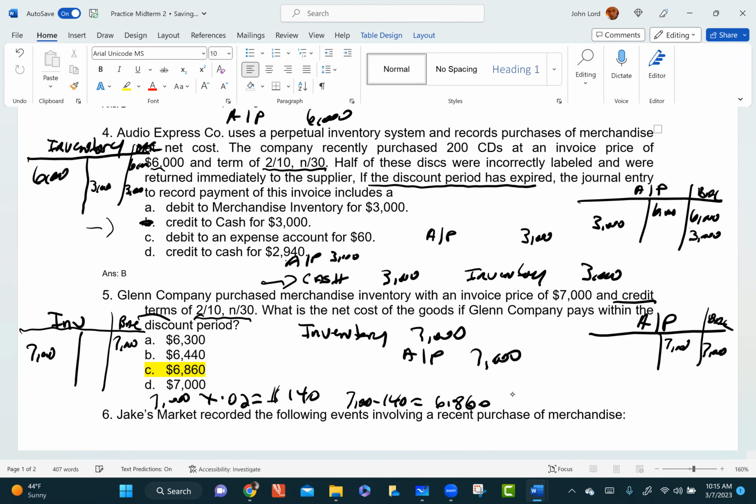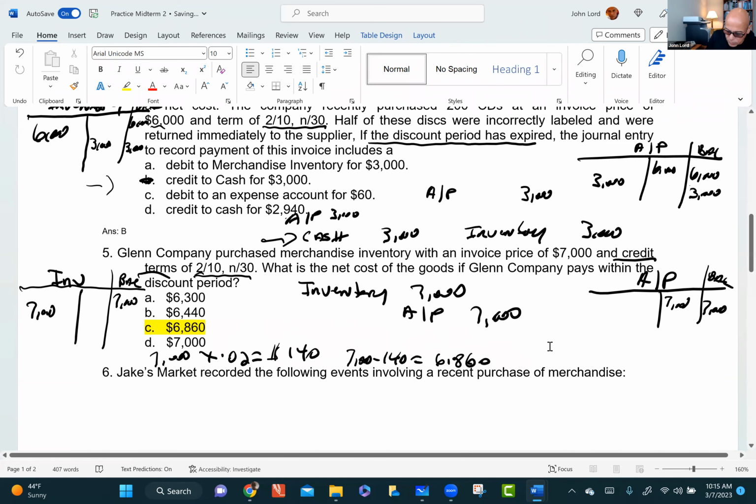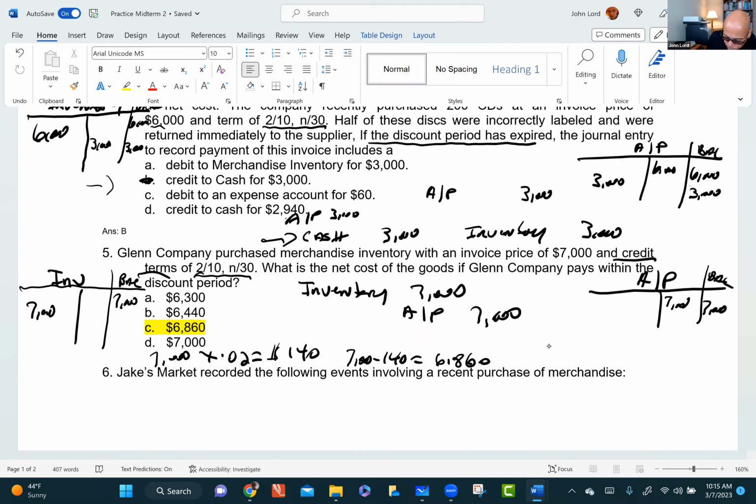Yes. When I go to pay for this stuff, what am I going to do? Well, I'm going to credit cash for the 6,860, right? Because I'm only going to pay that. I'm going to debit the accounts payable for the full 7,000 because I don't owe this anymore. The guy said, hey, give me 6,860 as long as you pay me in 10 days and I'll forgive the whole 7,000.